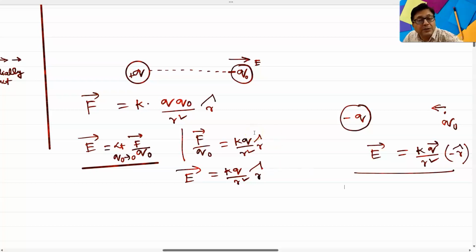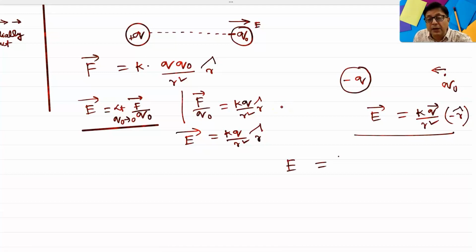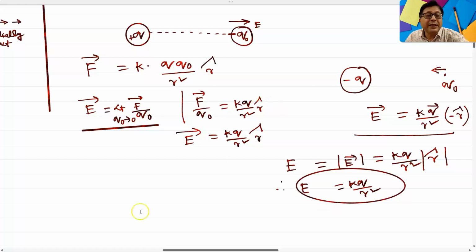I hope all of you have understood the expression for electric field. If you take magnitude, then mod E is given by mod of KQ by R square R cap. Alright? So E equal to KQ by R square. Direction if you keep in your mind, then the magnitude will be given by this, KQ by R square.